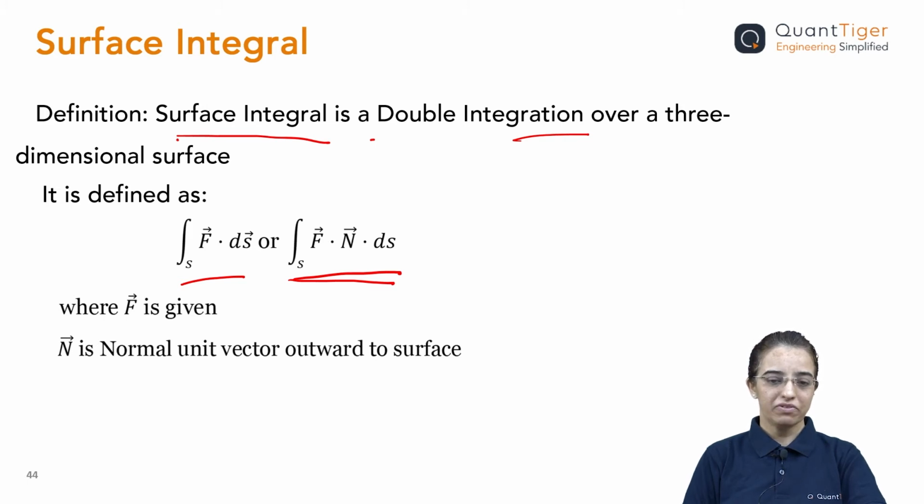We call it dS. How we take it depends on the situation or the question. How it will change we will discuss in more detail. Here F vector is the given function and n is a normal unit vector which is pointing outwards of the surface.